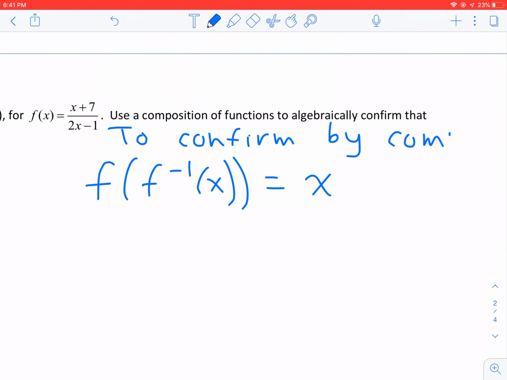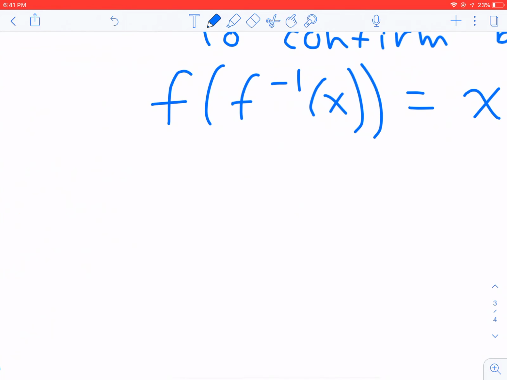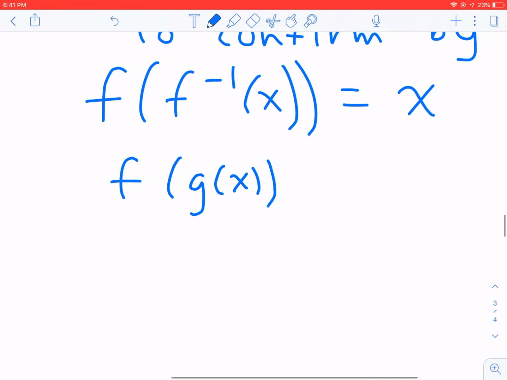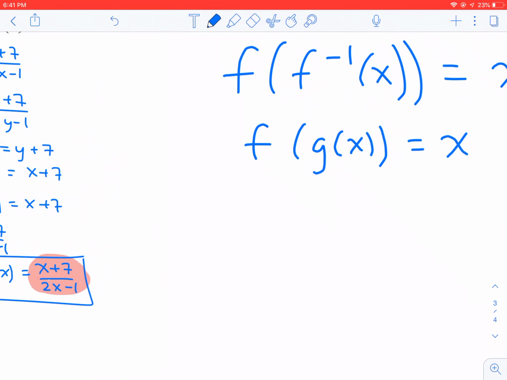So the inverse function, in this case, we called it g of x. So if I take g of x and I plug that into my original function, that should be x. Well, what am I plugging into the original function? G of x was x plus 7 over 2x minus 1. And so that's going to equal f of x plus 7 over 2x minus 1.